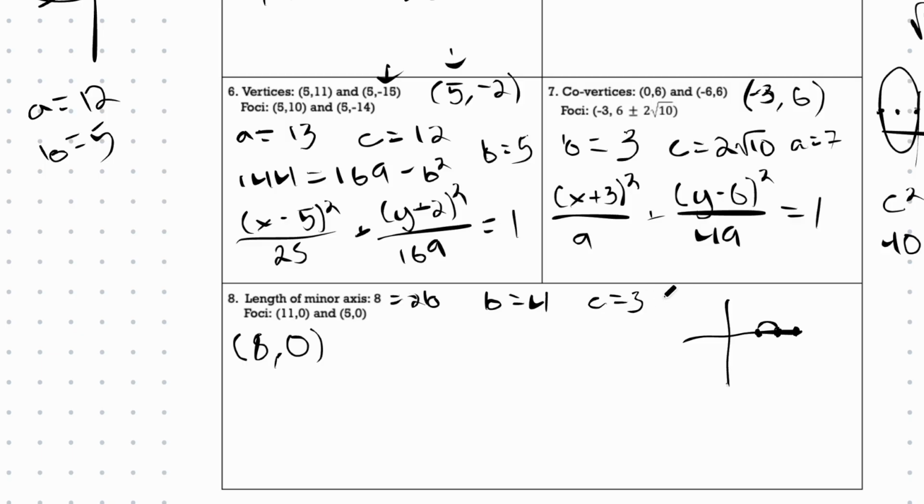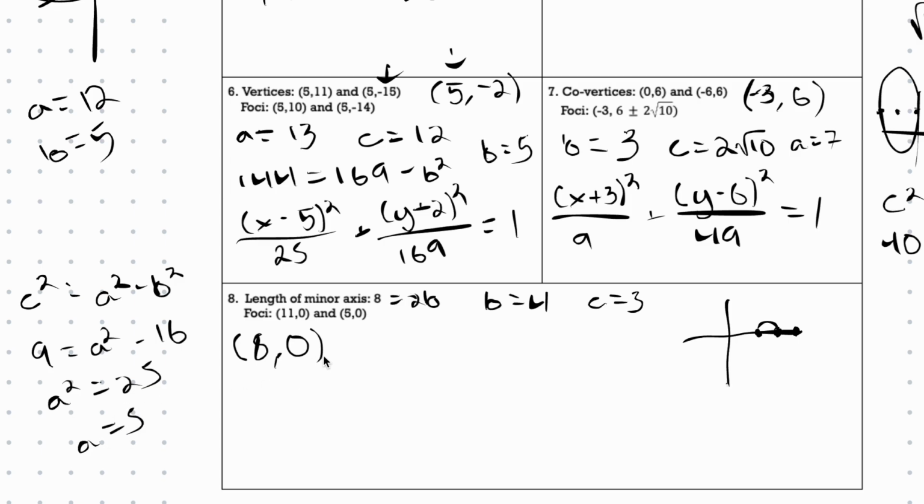So c equals 3. So that means c squared equals a squared minus b squared. c squared is 9. A squared we're trying to find out, and b squared is equal to 16. So we move that 16 over, we get a squared is equal to 25. A is equal to 5.